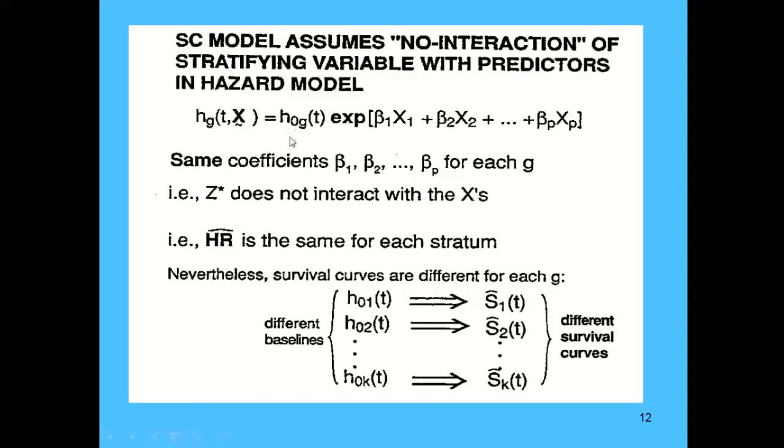This part of the model, the baseline hazard, does depend upon which stratum you're in. And as a result, when you go from the model to the survival curve that corresponds to the model, you're going to get a different survival curve. So when you talk about a stratified Cox model, even though it's a no interaction model, the survival curves are still going to be different depending upon which strata you're in. So you still have to worry about that a little bit.